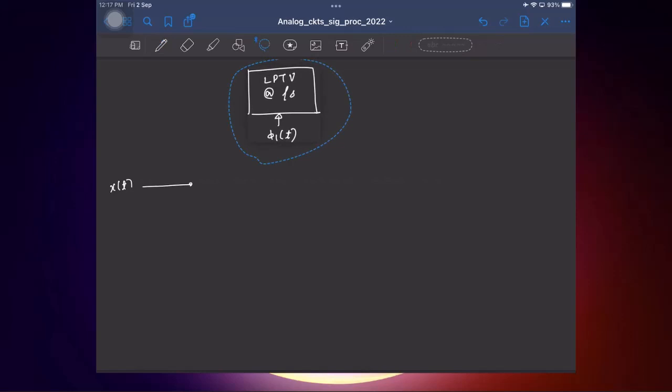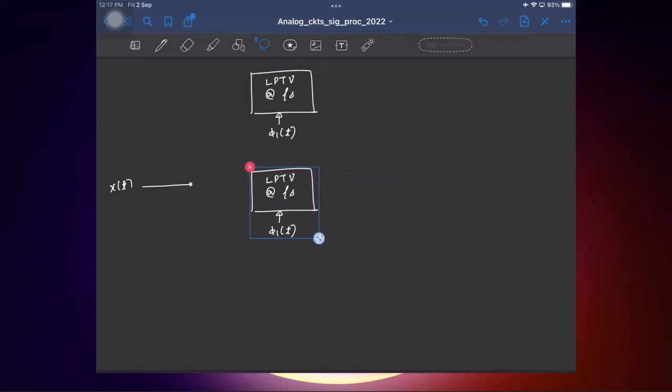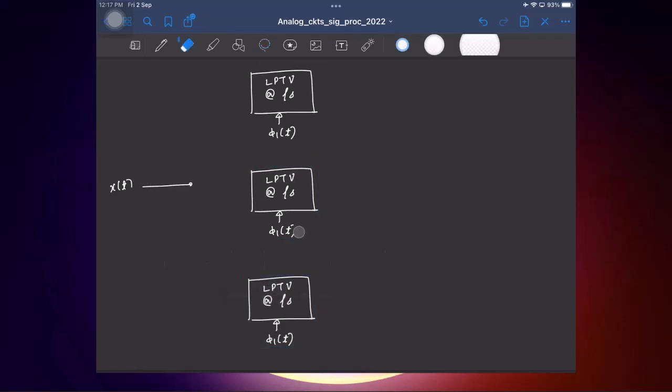Now I'll have the same copy, and here what should be the delay? Ts by 3, and this is simply 2Ts by 3.